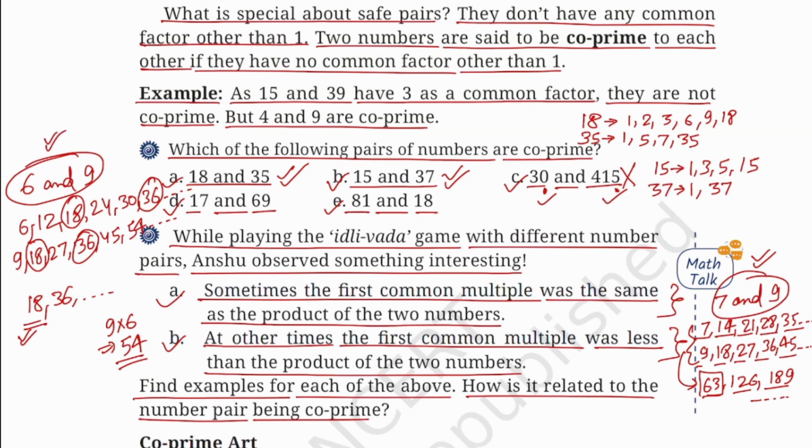But when we take non-co-prime numbers such as 6 and 9, we can say idli vada earlier than the number obtained after multiplying those numbers, that is 6 and 9.